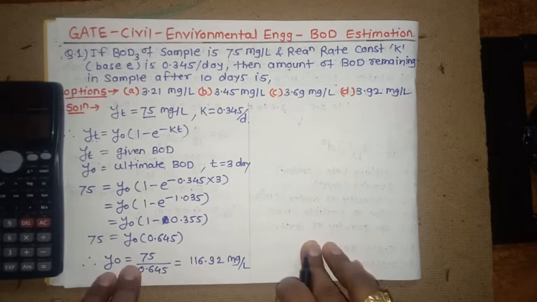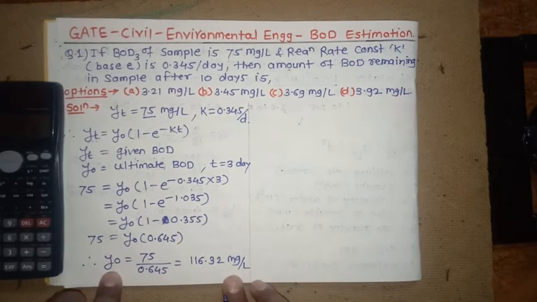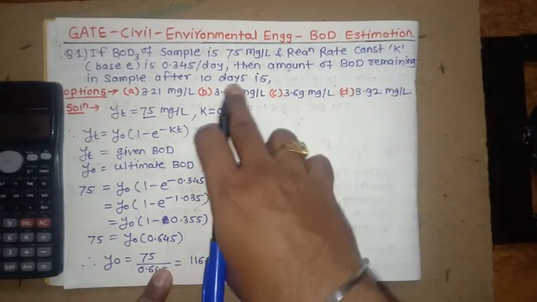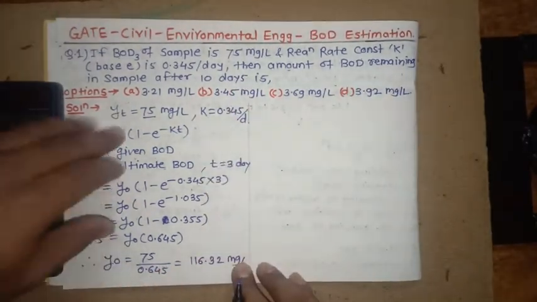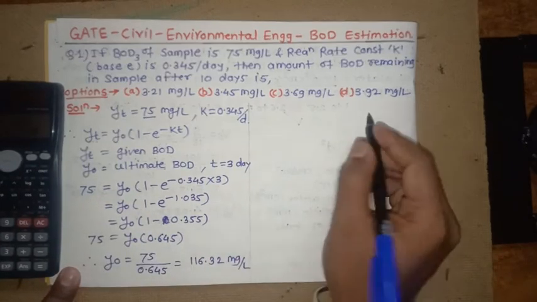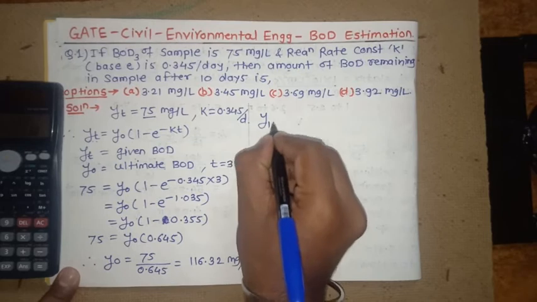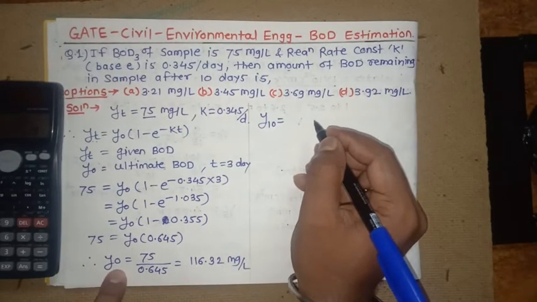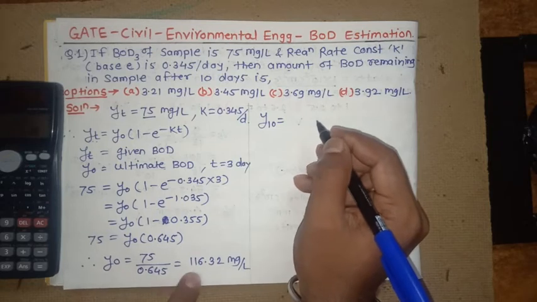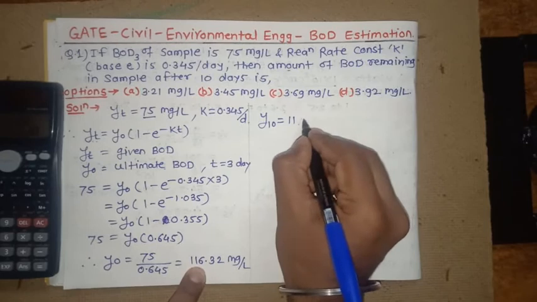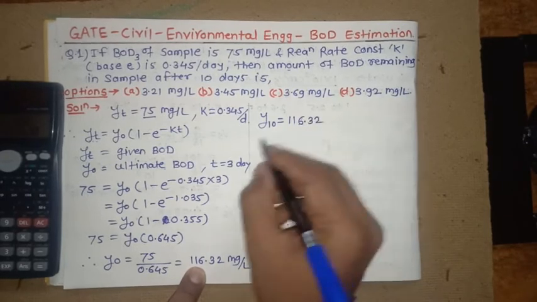Okay, now after calculating this ultimate BOD, we have to find what is the BOD for 10 days. So for that purpose, again use the same formula: BOD at 10 days is equal to the ultimate BOD Y naught, it is already known, so take the value 116.32. What is the formula?